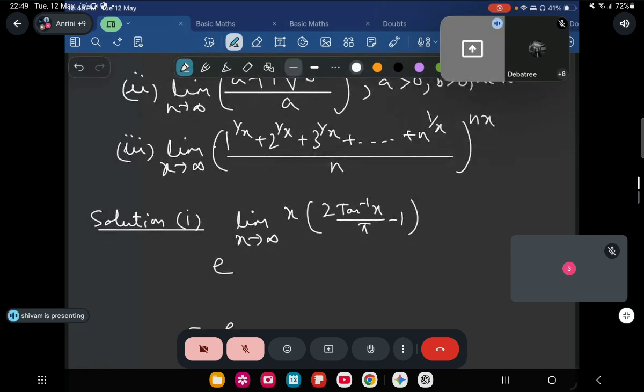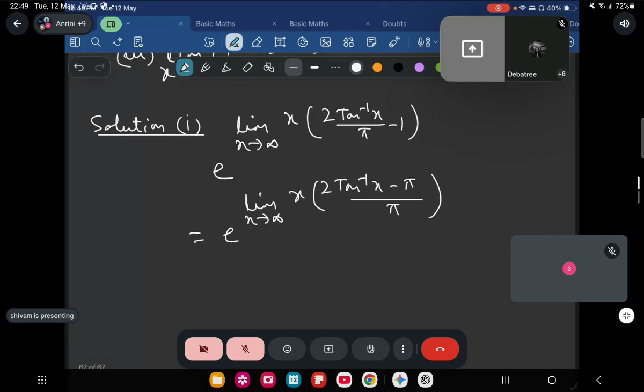This will be equal to e to the power limit x tends to infinity, x into (2 tan inverse x minus pi) by pi. Let me see, if you take 2 common, I think something will come.